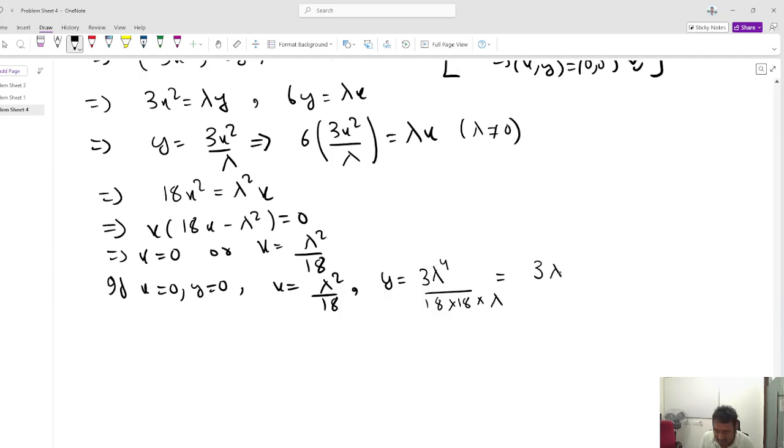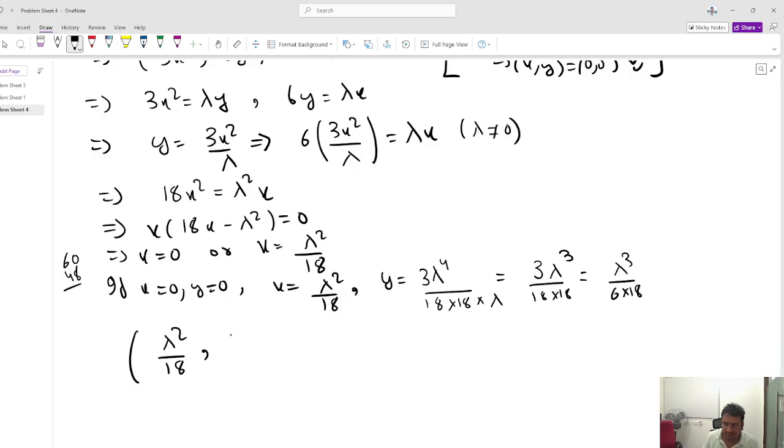So this is 3 lambda cube by 18 into 18, whatever that is. So 6 you can cancel. So lambda, 6 into 18. So whatever this weird number is. What is it? 6 into 8. I'm horrible at calculation. So 8 into 5 is 40, right? Yeah, 8 into 5 is 40. Then it's 48. So 108.